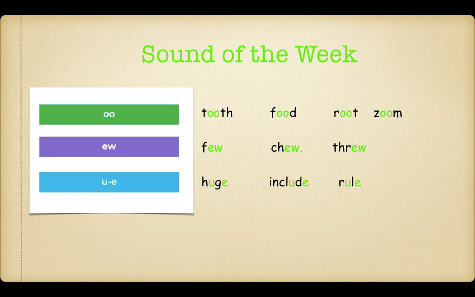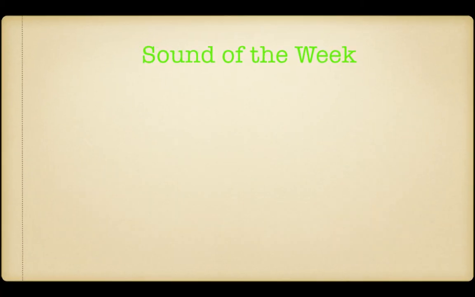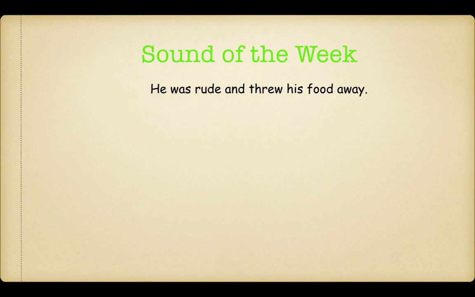We have some sentences that we can now look at and see how we get on with identifying the words in the sentence. So we have the sentence, he was rude and threw his food away.